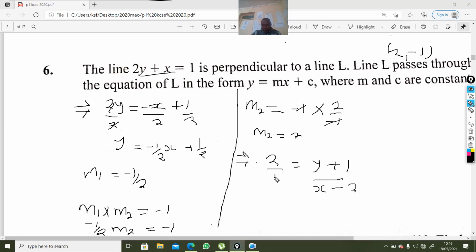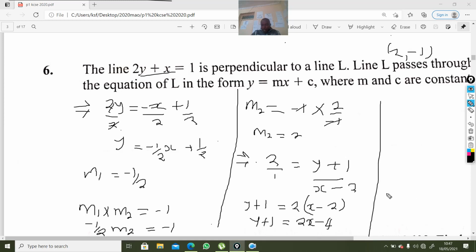So y plus 1 will be equal to 2 into x minus 2, that is 2x minus 4.